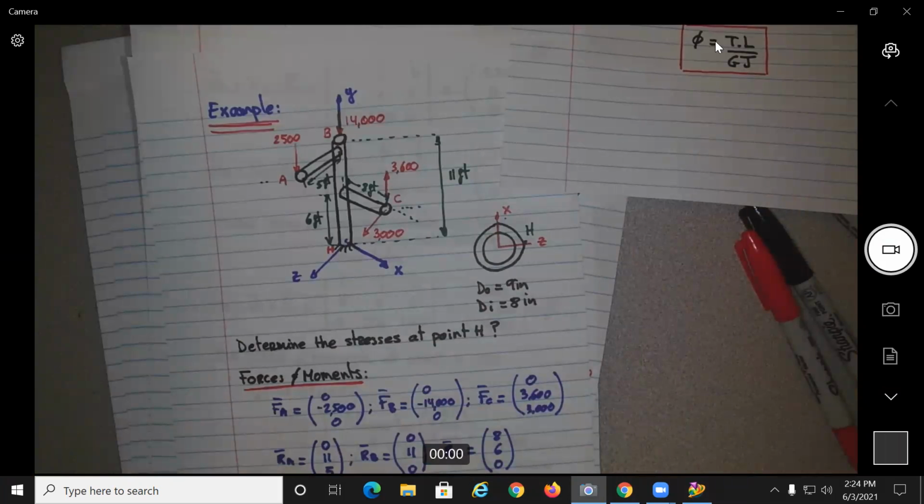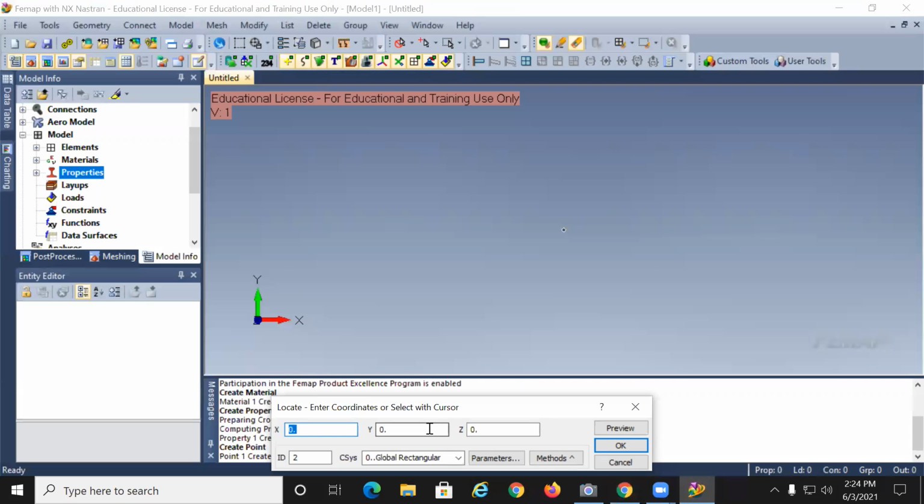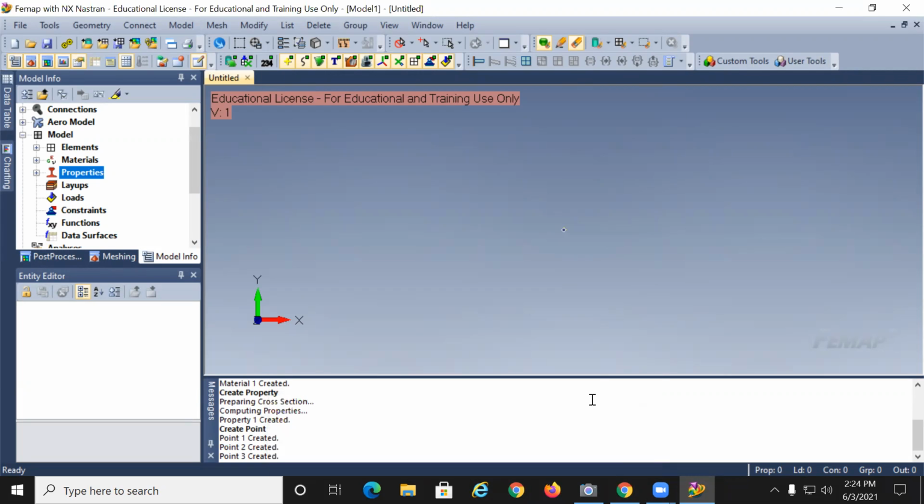So it will be 6, 11. Okay. Oops. We're going to create one at 6. Another one at 11. Okay, let's see if we are doing this right. So we should have 3 points. So this one, this one, this one.